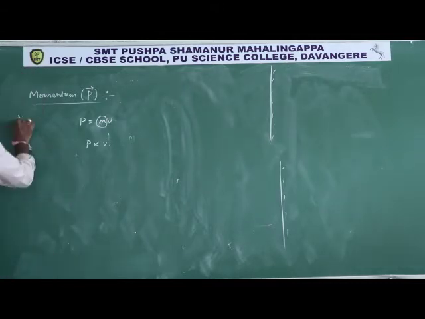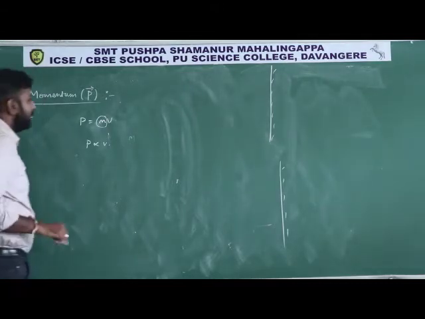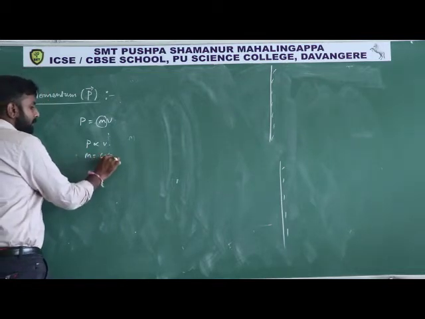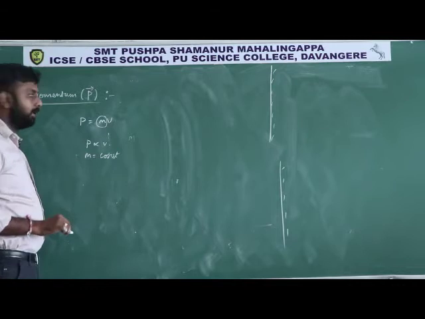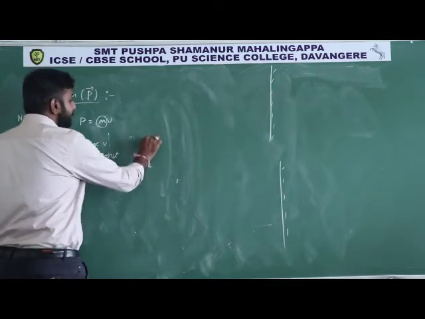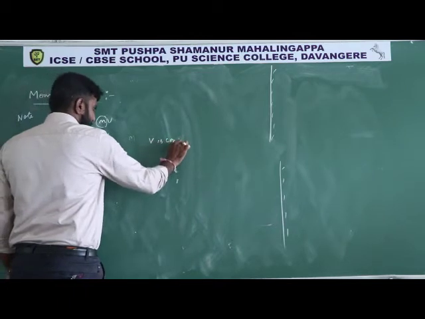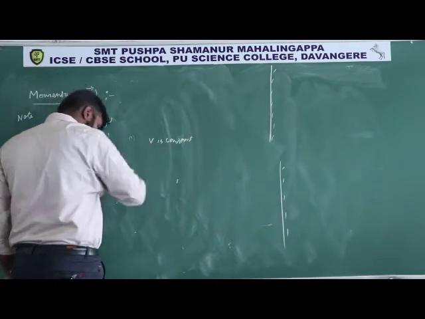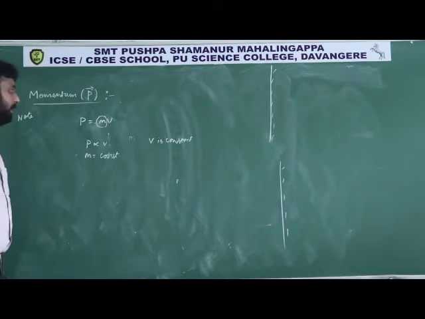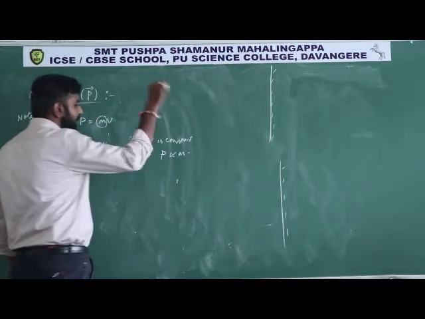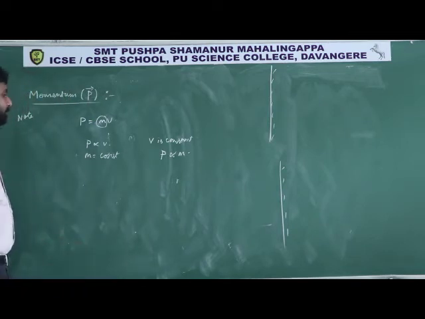In the next condition, let us take v as constant, the object moving with constant velocity. In that case, P is directly proportional to m, the mass.